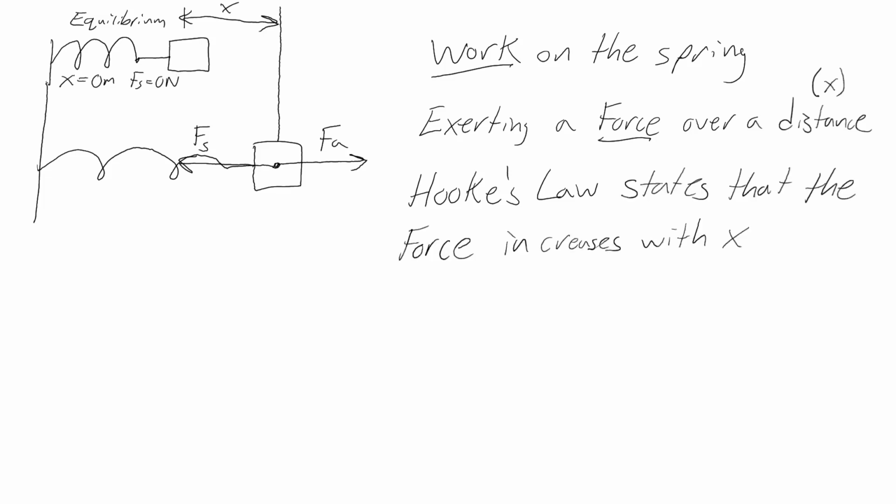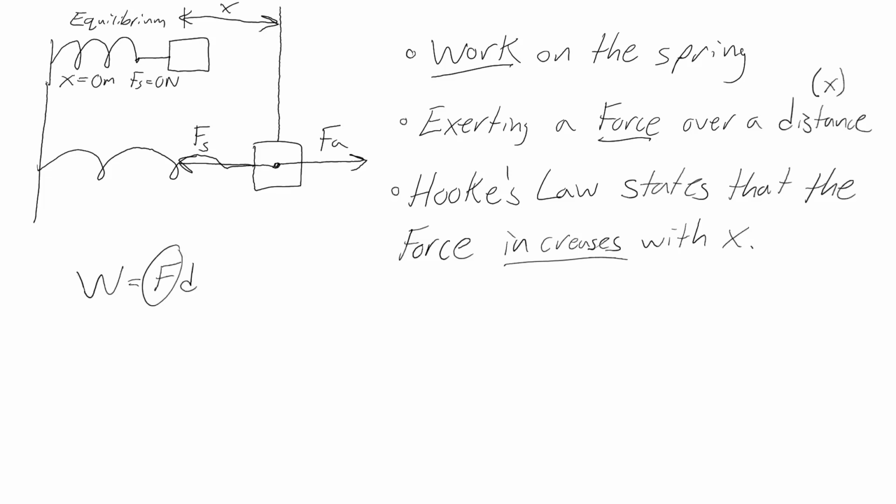Hooke's law states that the force increases with x. So we're moving along here. What does that mean? That means we have to find the average force being exerted. Let's try to find the work done. If we try to find the work done on this spring, W is equal to FD.